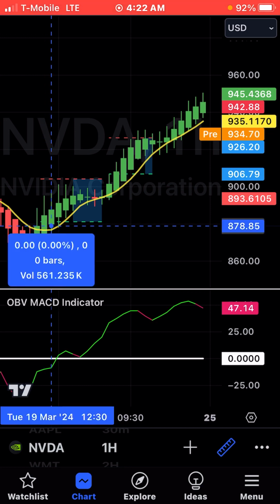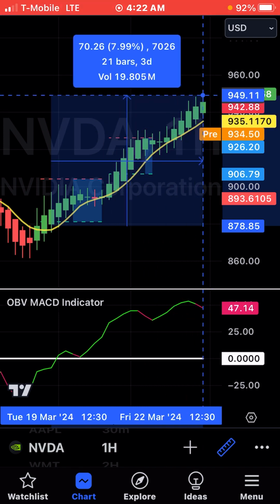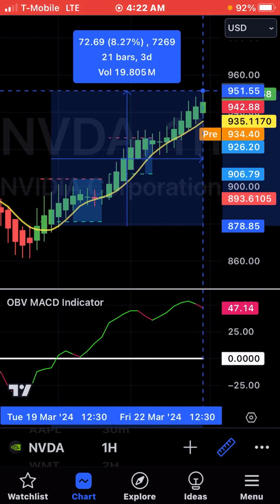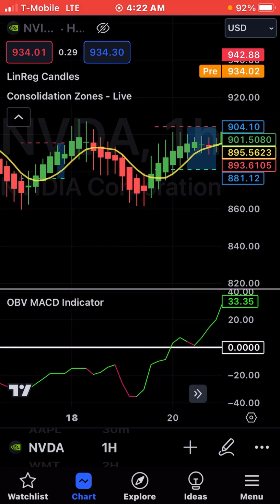So you could get in right about here and ride this out with a NVIDIA call option. This is a $72 difference in price. Or you could ride this out for some pretty good percentage gains. This is an 8% in 3 days. So we'll look at both.